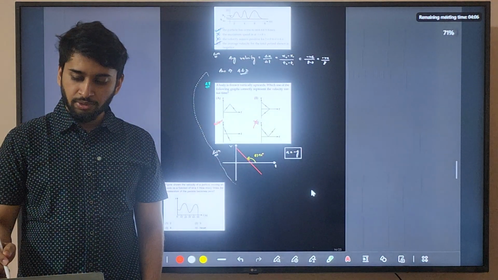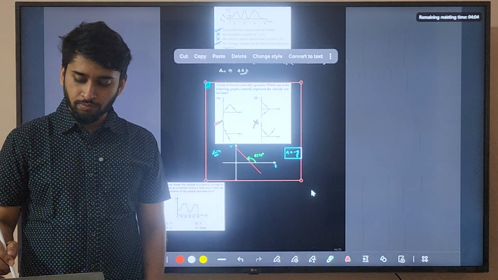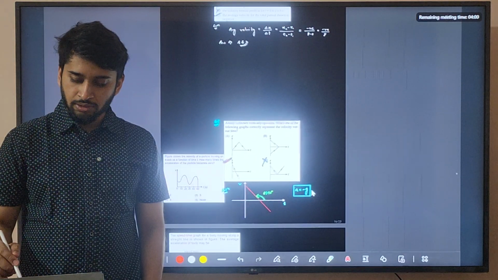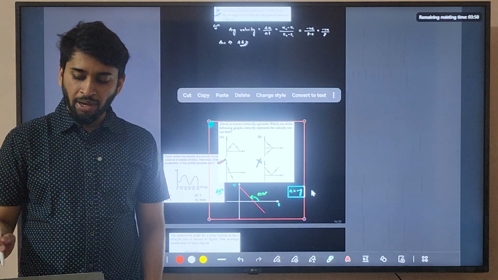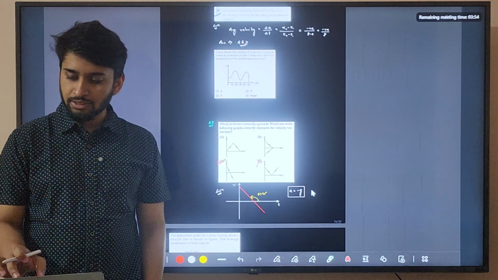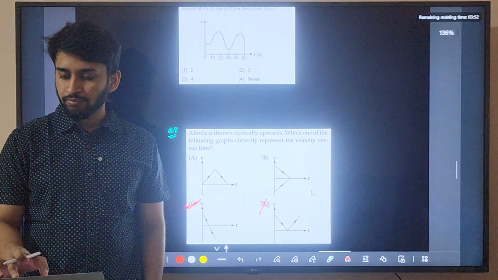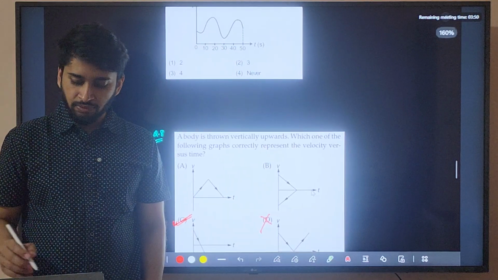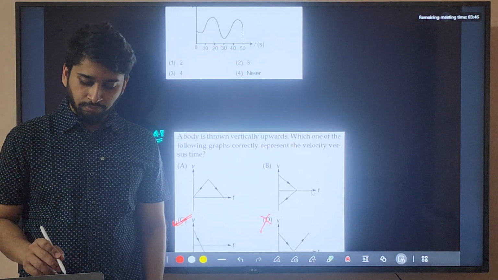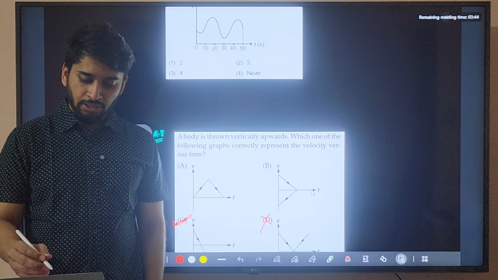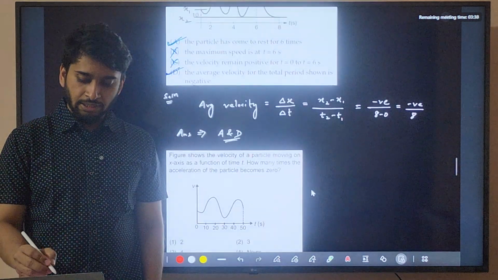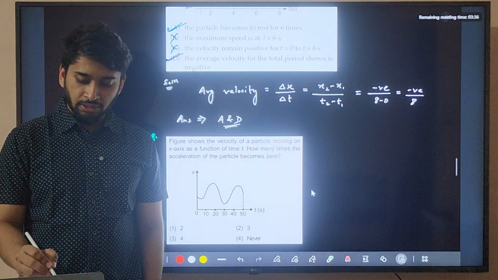A little bit of rearrangement I'm doing to keep things in a sequential manner, right? So let me make this question number 9, and let us take this as question number 8, right?